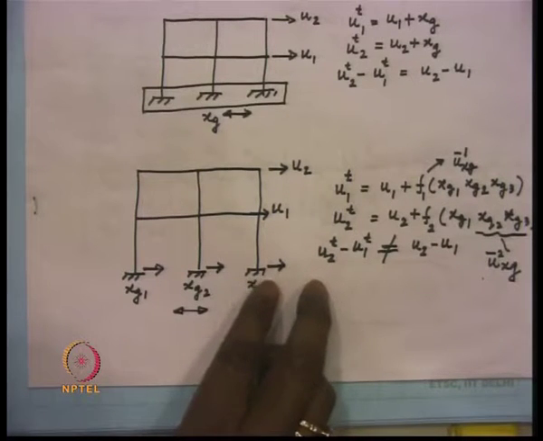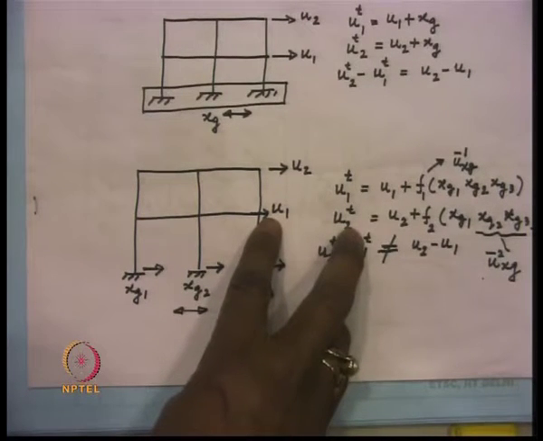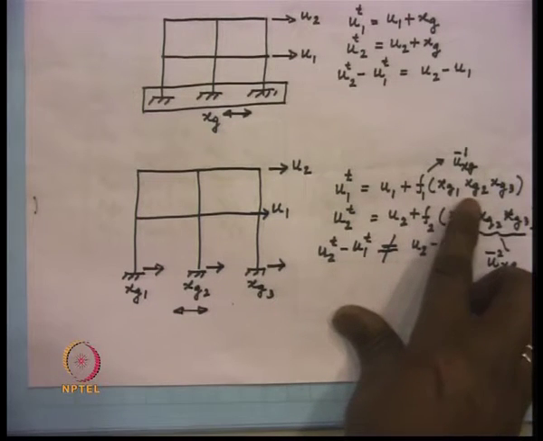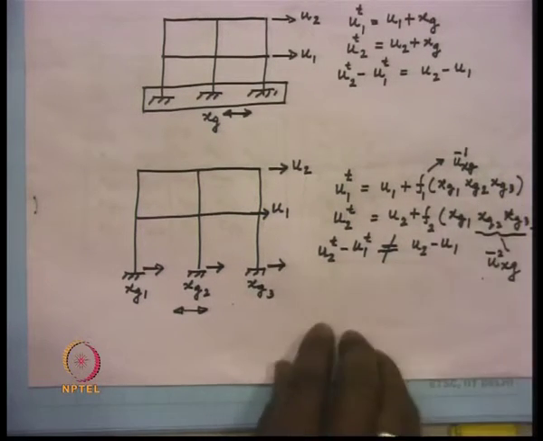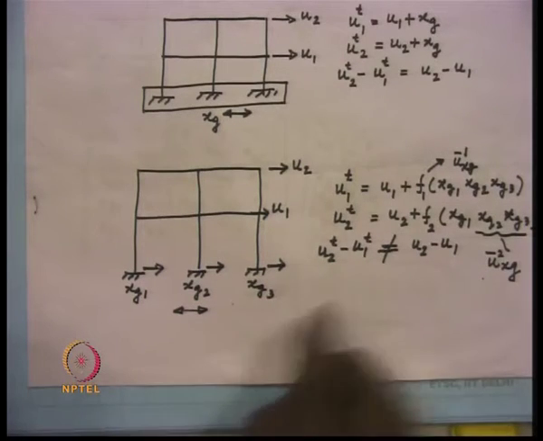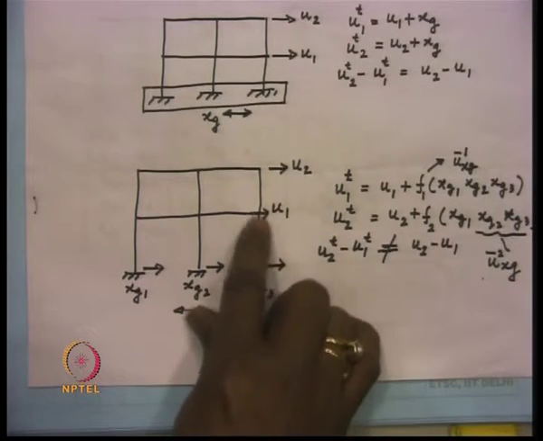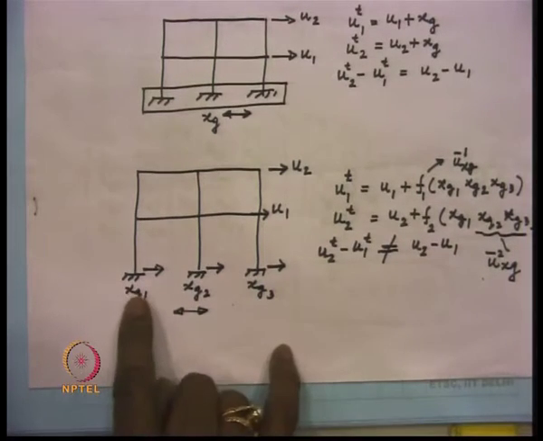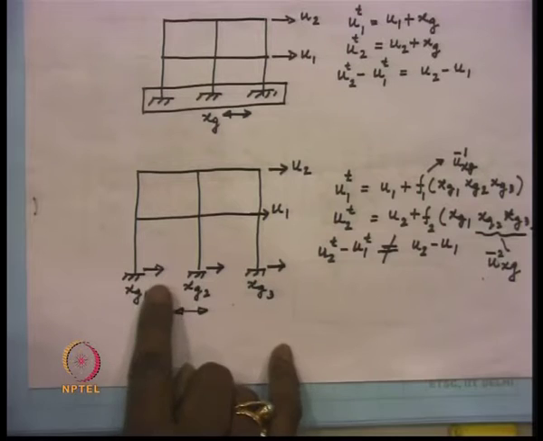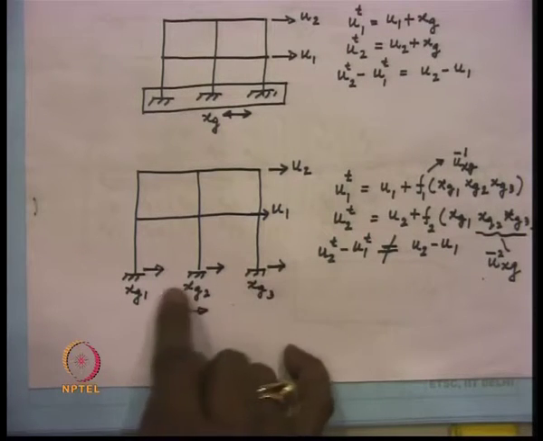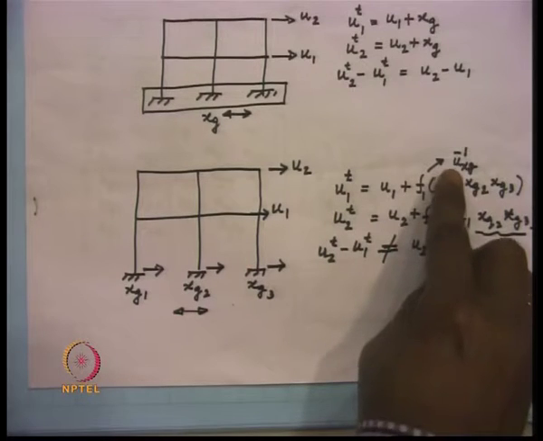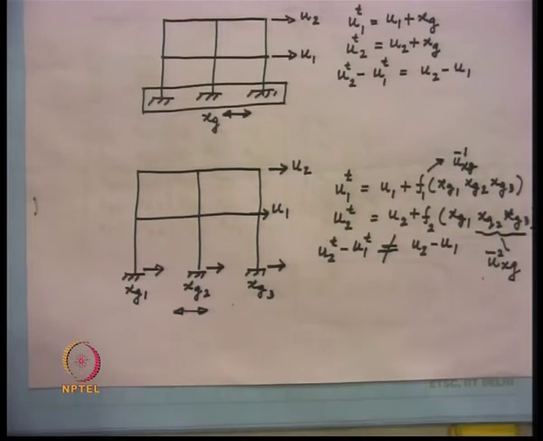Obviously, those two displacements will be a function of xg1, xg2 and xg3. And let us say for the first floor, that displacement which is caused due to the differential displacement of these 3 points is written as u bar 1 xg.